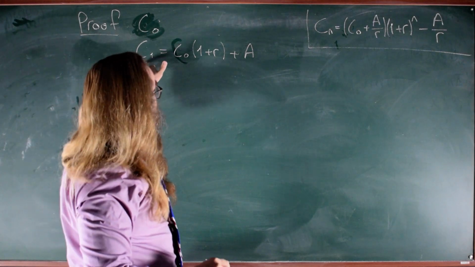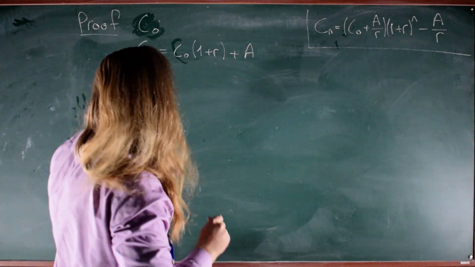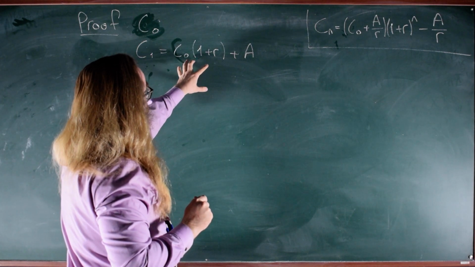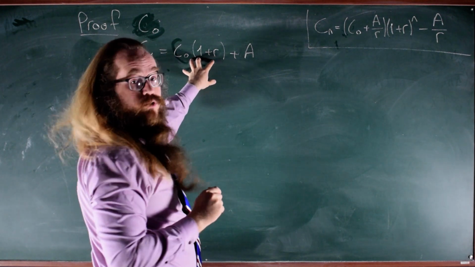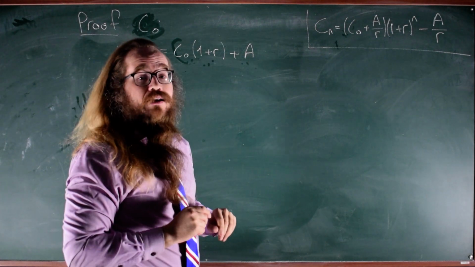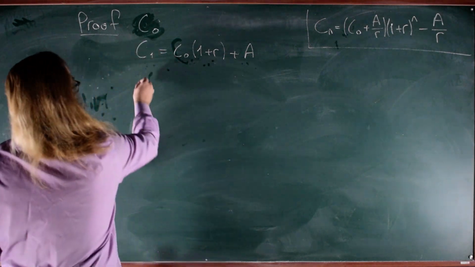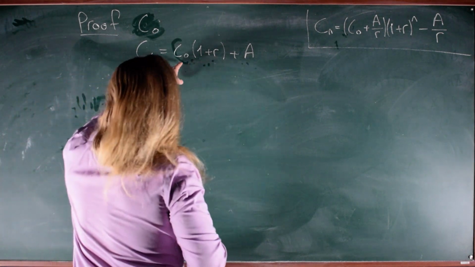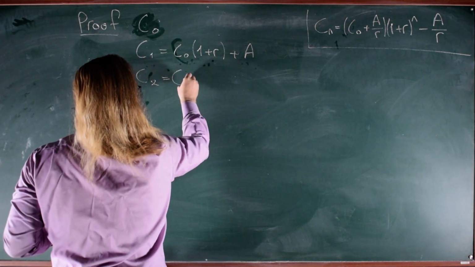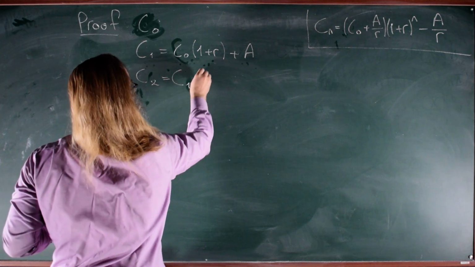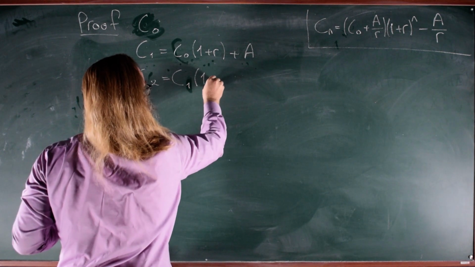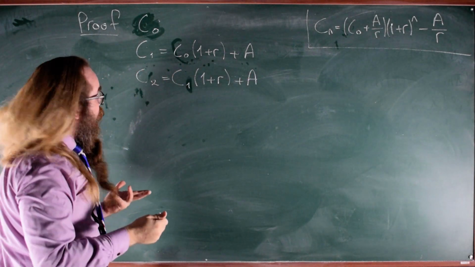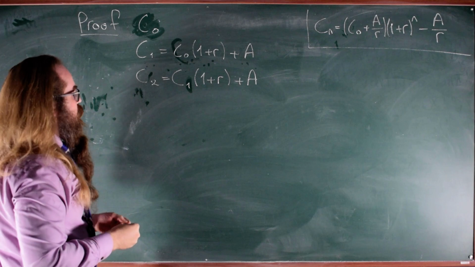So after the first term, the initial capital will have accrued some interest, and I'll have added an annuity. Let's check what happens after the second period. We take C1 and we add interest and we add an annuity. It's the same exact process here.